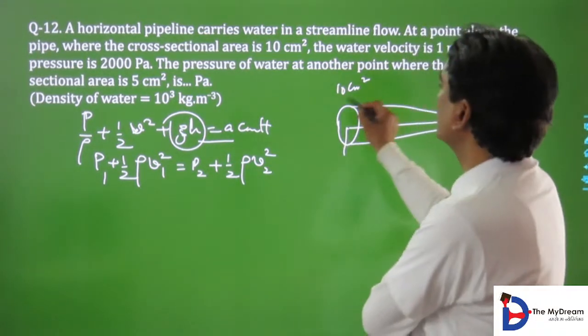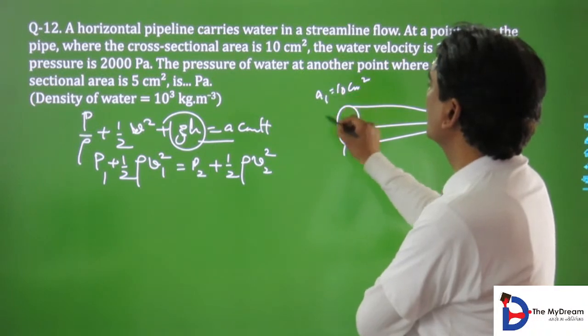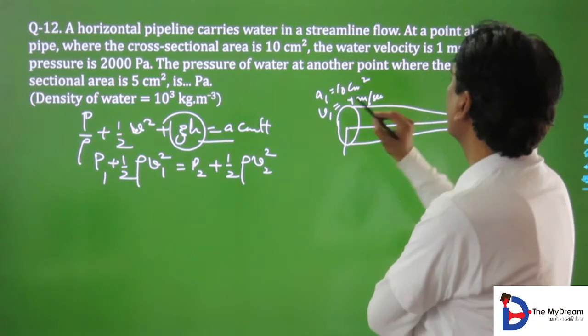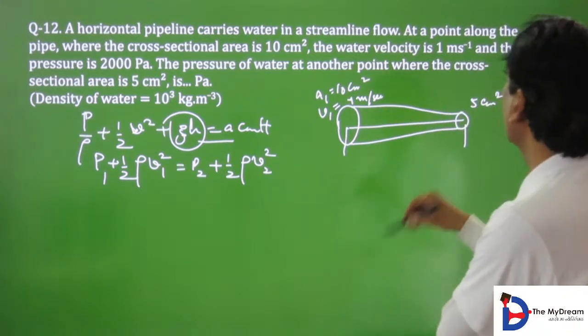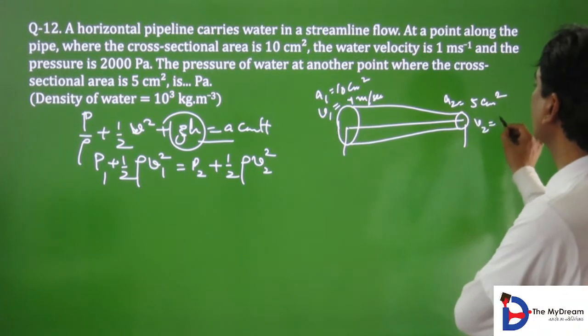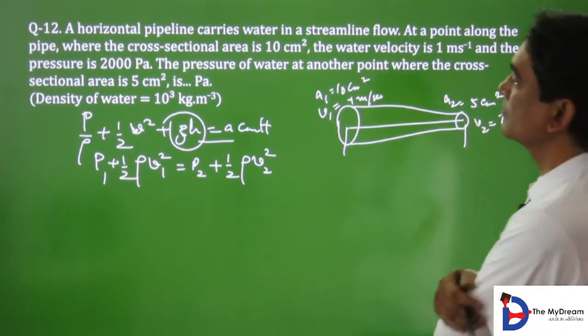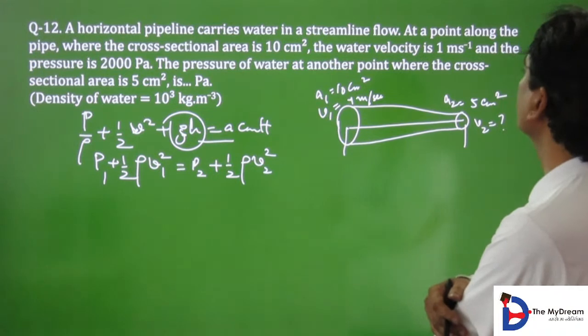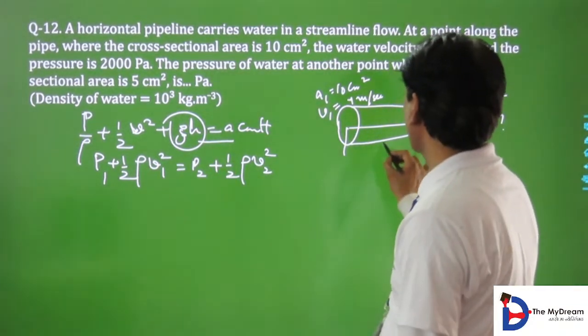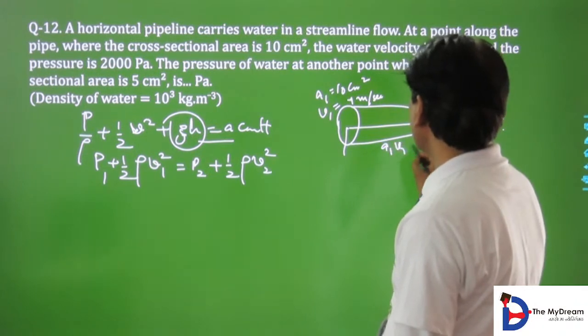The velocity is given here, that is 1 meter per second. The area of cross section of the second is this and the velocity is unknown. So, according to the equation of continuity, A1 V1 is equal to A2 V2.